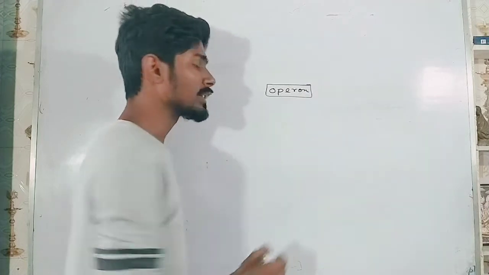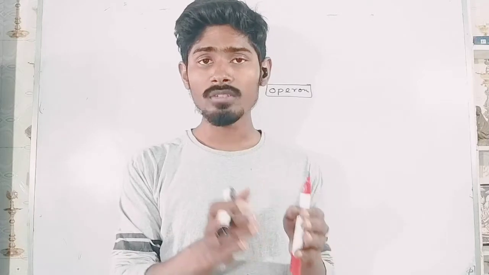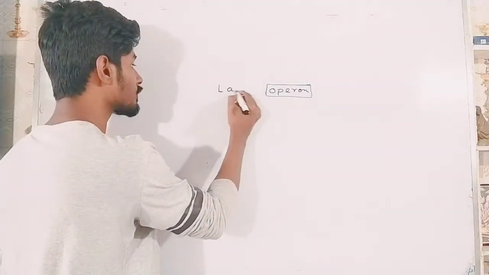Now operon is a functional unit of DNA having a cluster of genes under a single promoter. So again I repeat, operon is a functional unit of DNA having a cluster of genes under a single promoter. Now why is it called lac operon?